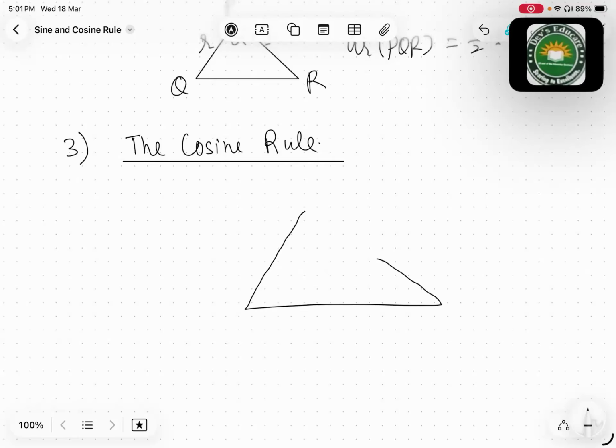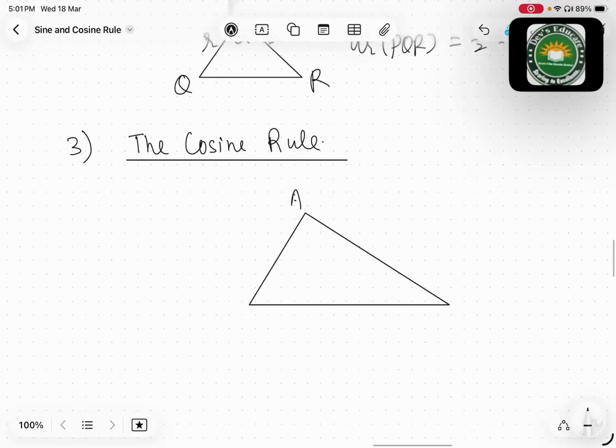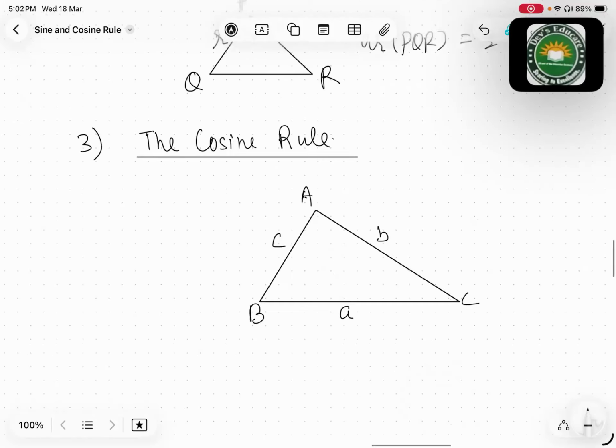Let ABC be any triangle. Obviously, this is not a right angle triangle, this is any kind of triangle ABC. Let's take BC as side a, the side opposite to angle B is b, and the side opposite to angle C is small c.